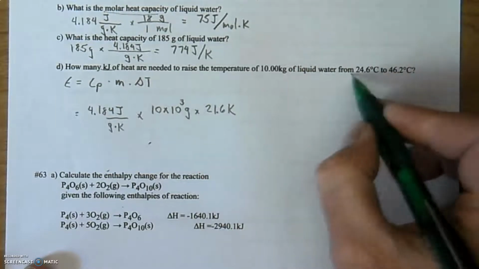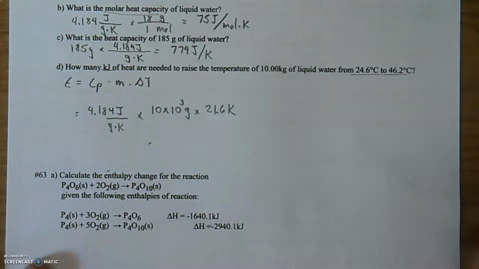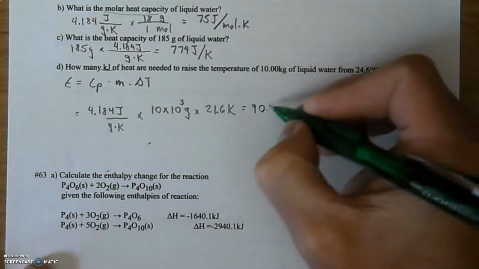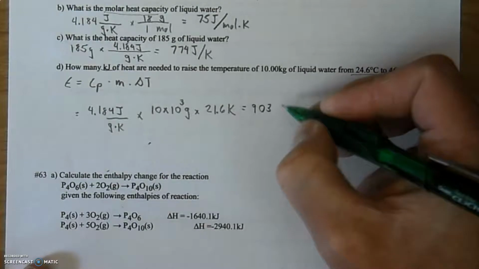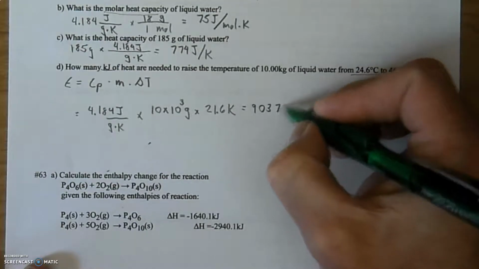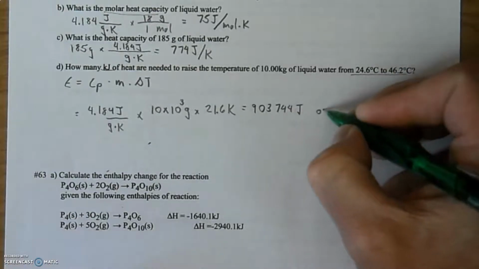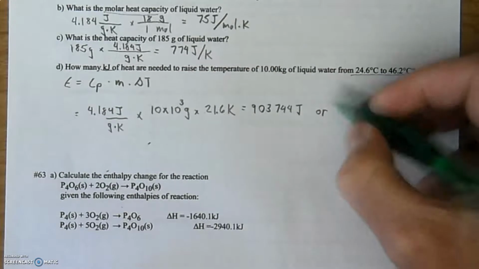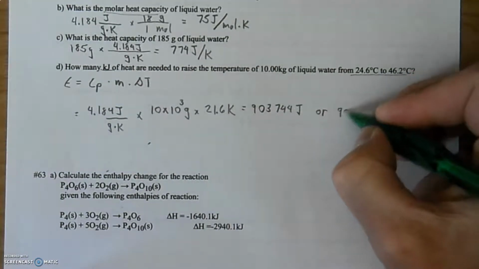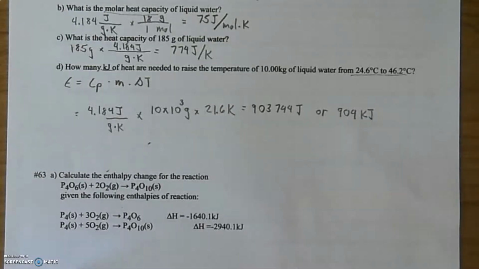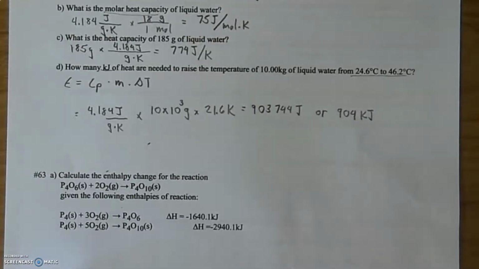That's the difference between these two temperatures. And to put this as an answer, seems to be a fairly large number, 903,744 joules, which I don't really like. So I'm going to change that over to, because it specifically asked for it, kilojoules, 904 kilojoules. Done.